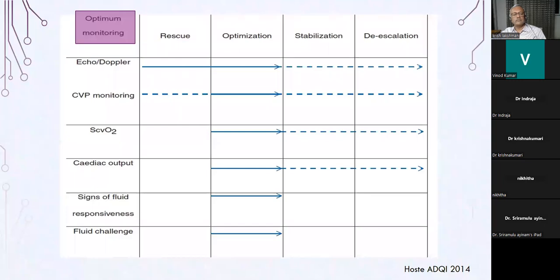For optimum monitoring, we need to go for further evaluation investigations like Doppler, which are done in the first 2 phases, and CVP monitoring is done only during optimization, which is more preferably done.